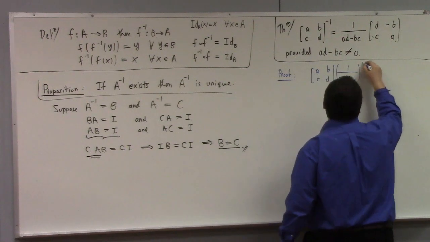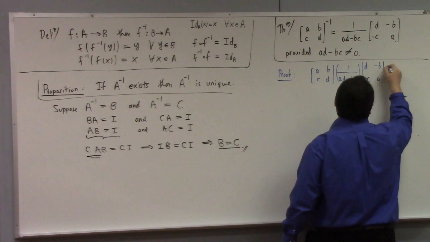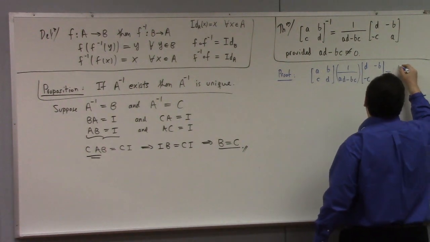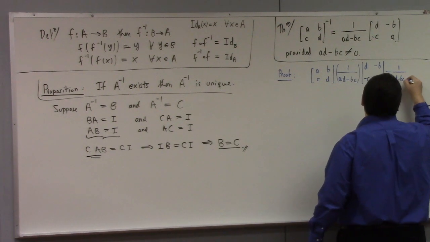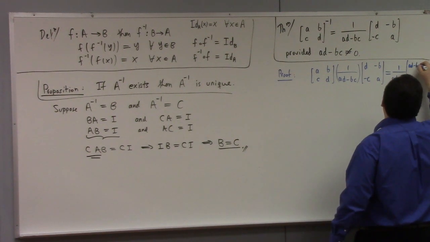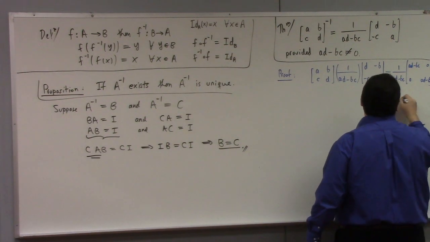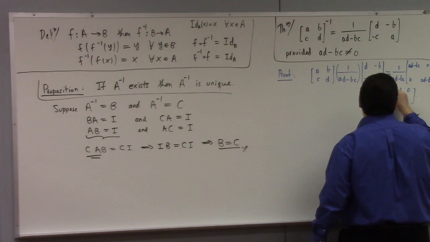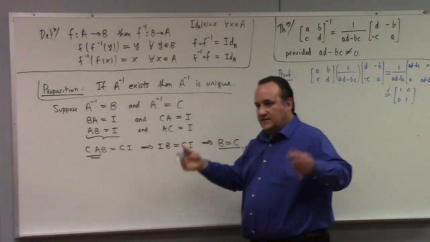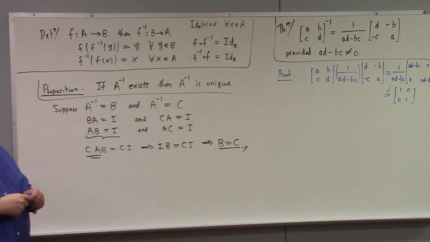So there's a scalar, and D, minus B, minus C, A. And if you work through it, what you're going to get is 1 over AD minus BC, and then this matrix multiplication works out to AD minus BC, 0, 0, and AD minus BC, which of course is 1, 0, 0, 1, which shows you, yay, it's the inverse. All right, so we can calculate the inverse of any 2 by 2 matrix. That's pretty cool.